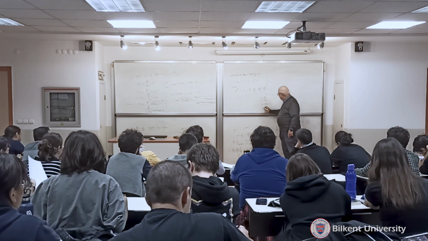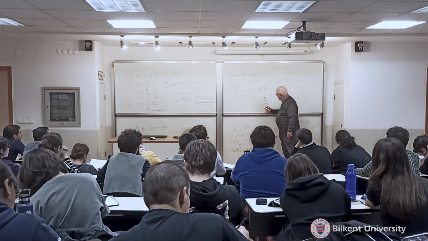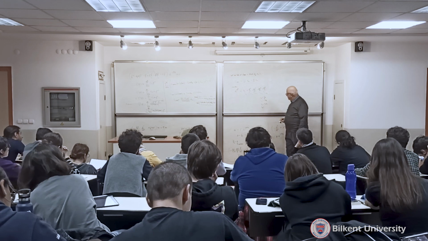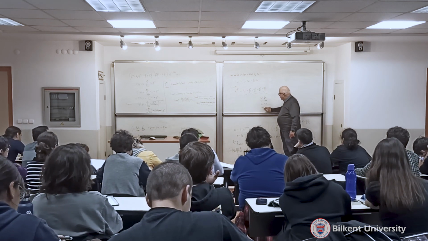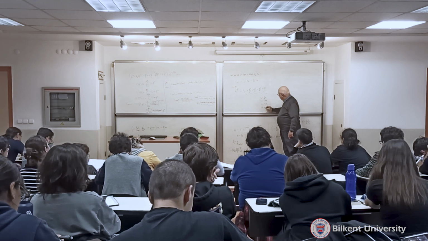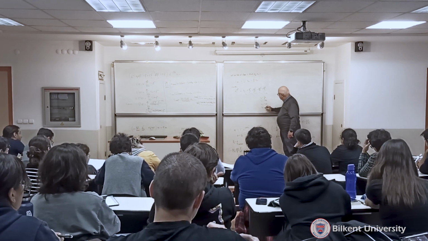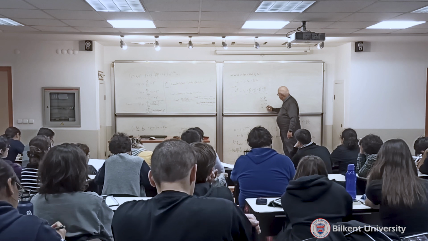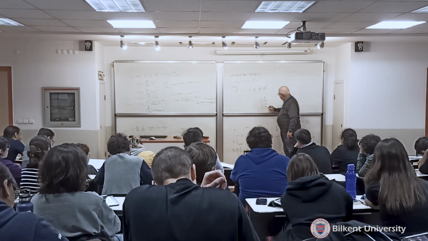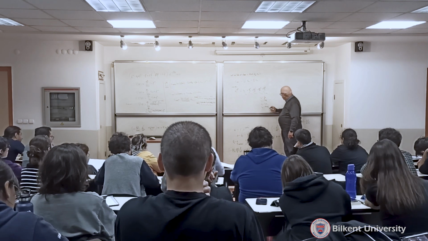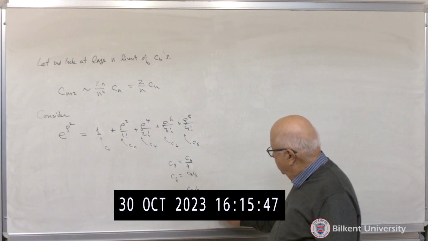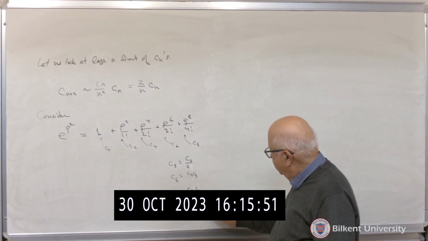Can you tell me what Cn is? Let's just put Cn is equal to Cn minus 2 divided by n over 2, right?